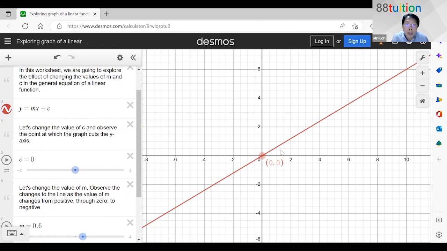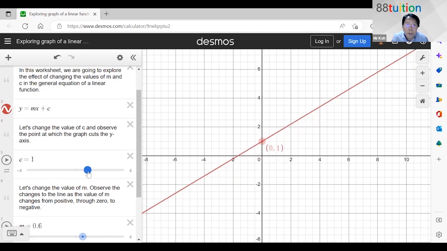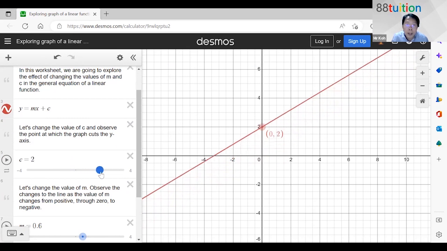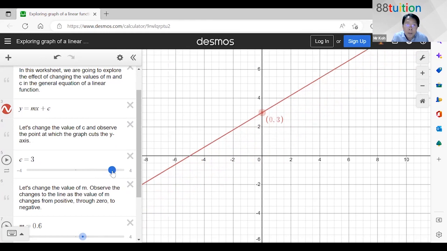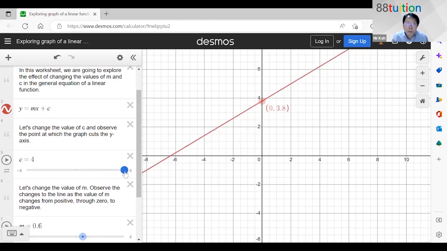In this case, the starting point is c equal to 0. Now, if I have c equal to 1, you notice the line just moves up. C equal to 2, the line moves higher. C equal to 3, and c equal to 4. What happened is, you notice the line always passes through the y-axis at the point where c equals the value. So c is also known as the y-intercept.